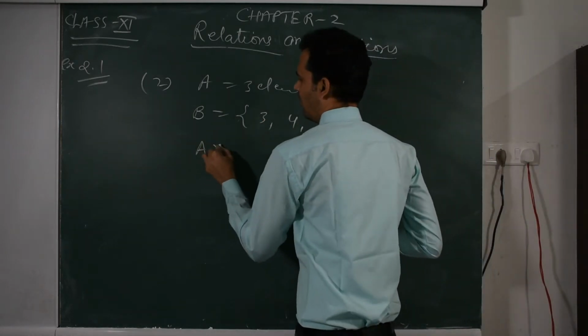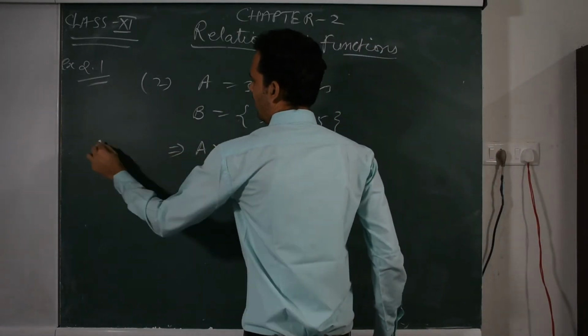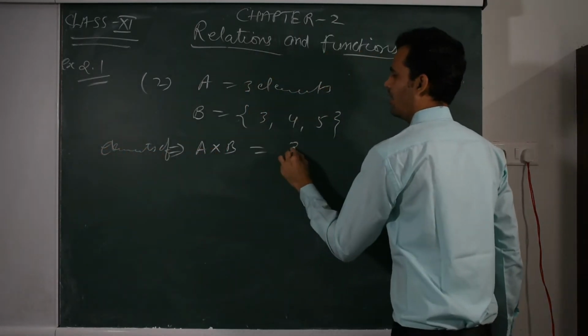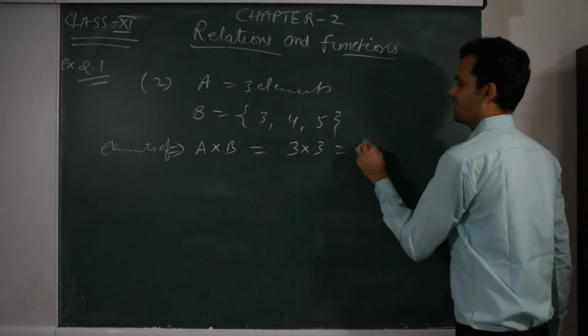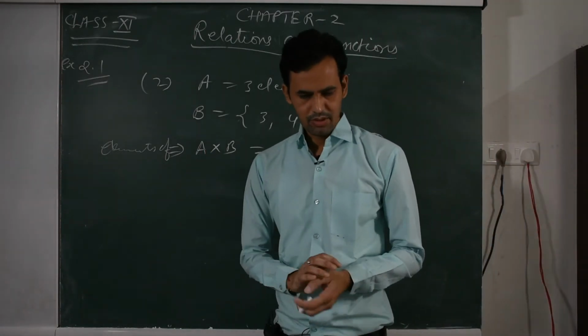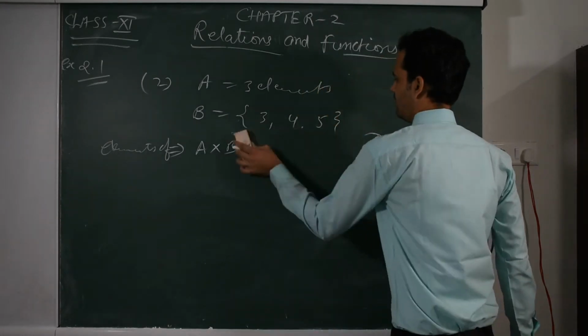So elements of A cross B are 3 into 3, that is 9 elements. So in A cross B there are 9 elements. Now third question.